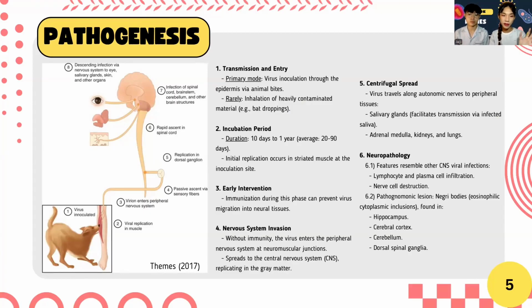Then the virion enters the peripheral nervous system and has a passive ascent via sensory fibers. Then it replicates in the dorsal ganglion, and there is a rapid ascent in the spinal cord, and infection of the spinal cord, brainstem, cerebellum, and other brain structures. Then there is descending infection via the nervous system to the eye, salivary glands, skin, and other organs.